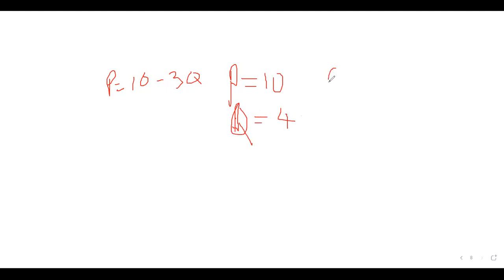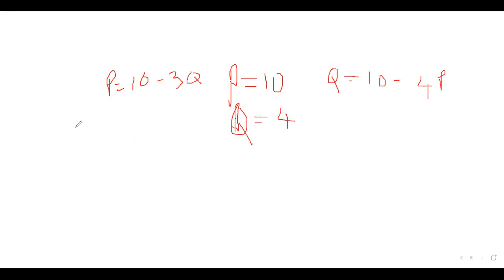So Mr. Tembo, if you have a function, for instance, P is equal to 10 minus 3Q, and your quantity that maximizes revenue here is 4, and also you're given the same function, maybe 10 minus 4P.